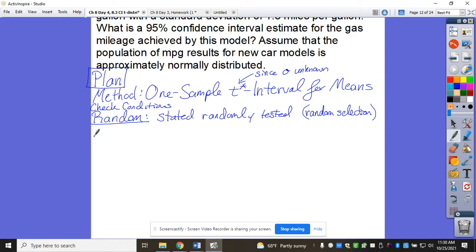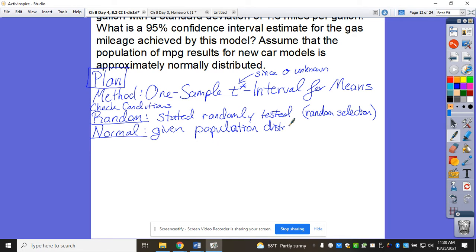What's my next condition? What did this one say? Assuming the population is approximately normally distributed. So for population, I'm just going to write given population distribution. That's the way we usually write it.